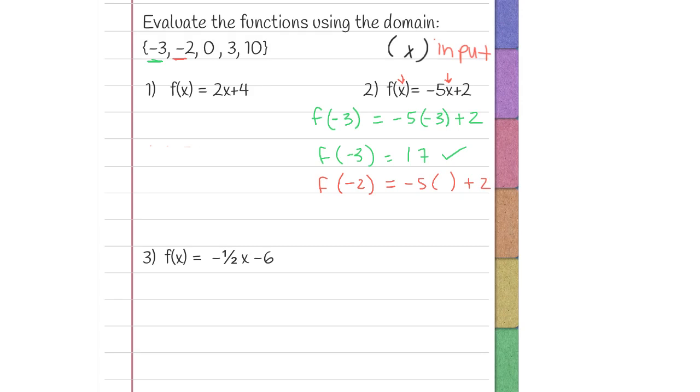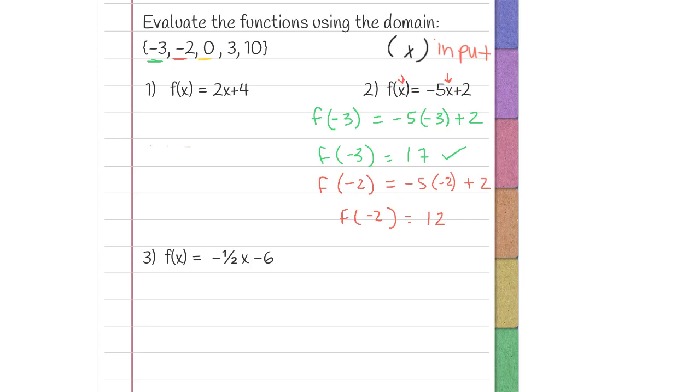What's going to go inside of that parentheses? It's not going to be x anymore, or it is going to be x, but I know what my value of x is, so it's going to be negative 2. Now, I'm going to go ahead and evaluate this. What is negative 5 times negative 2? Well, that's going to be positive 10. And what is 10 plus 2? Well, that's 12. And let's do 0.